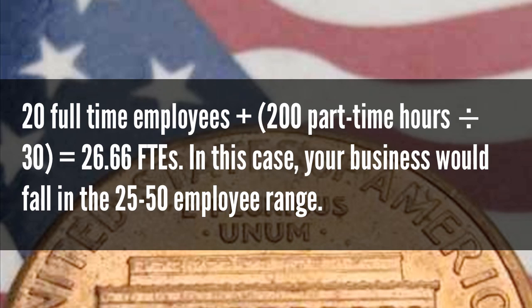In this case, your business would fall into the 25 to 50 employee range. It is important to note, however, that seasonal employees, contractors, and business owners do not count towards the FTE total. Part-time employee hours can be averaged from anywhere between a 3 and 12-month span to determine FTE.